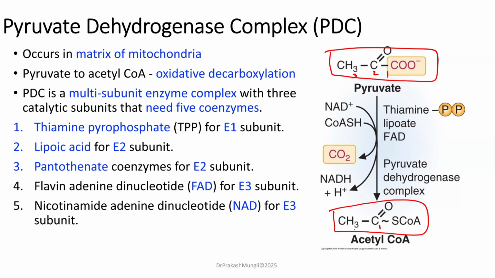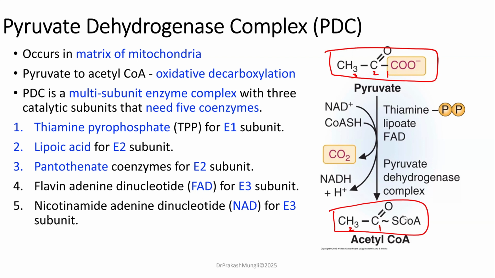Number of carbons: 1 and 2. The C that you see in SCoA is not carbon, it is CoA. You know that, right? CoA, coenzyme A. That's not carbon. That is coenzyme A. So acetyl-CoA has only 2 carbons. So 3-carbon pyruvate is oxidized into 2-carbon acetyl-CoA.